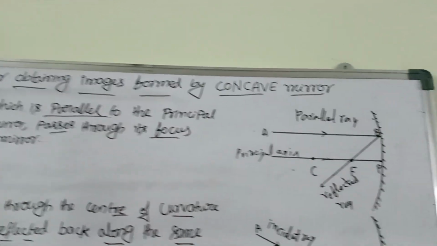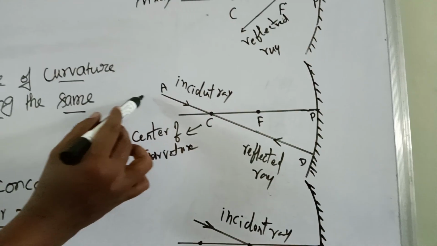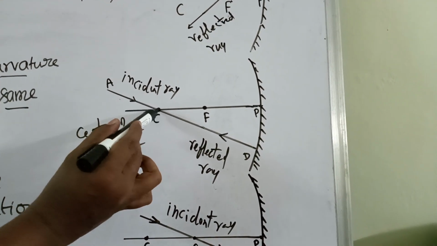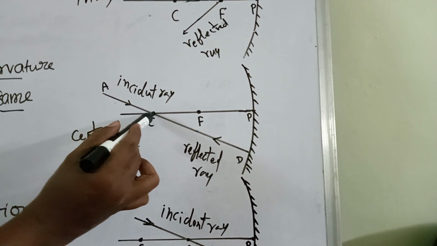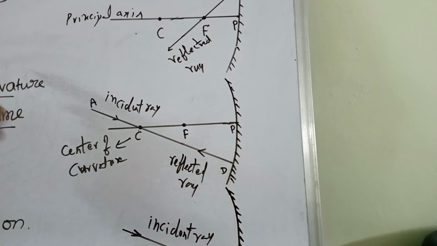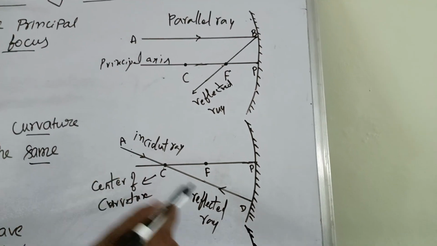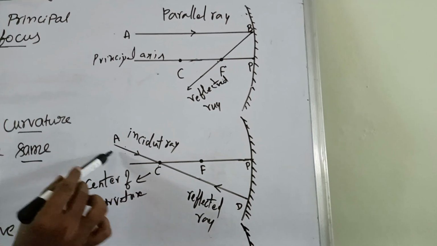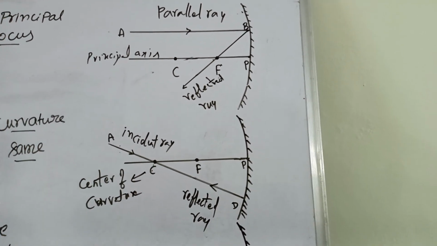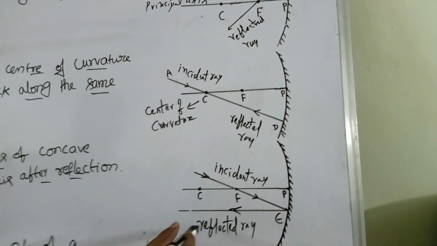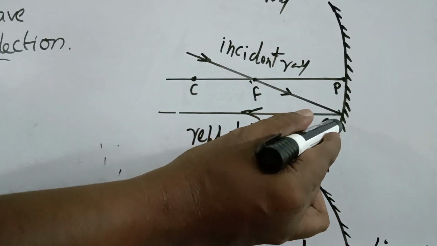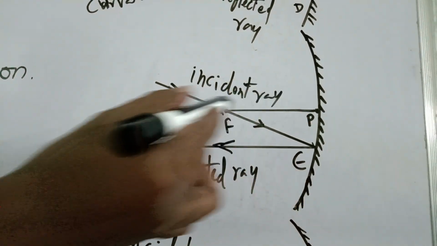Now, the second one: the incident ray passing through the center of curvature. This is the center of curvature of the mirror, and it reflects back along the same path. So when the incident ray passes through the center of curvature, it reflects along the same path. And the third one is when the incident ray passes through the focus, the reflected ray is parallel to the principal axis.